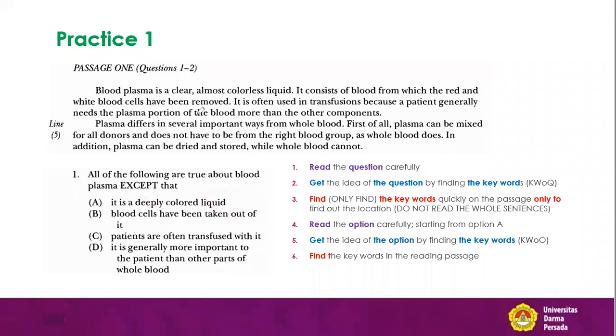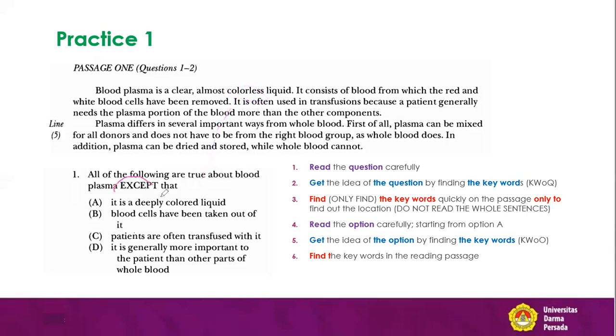Okay, and now we have this one: almost colorless liquid. That means this one doesn't match with this one, right? This one doesn't agree with this one because this is deeply colored, but this one is colorless. Doesn't match, right?